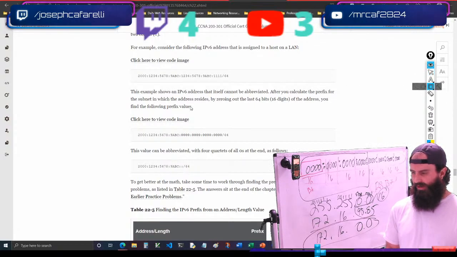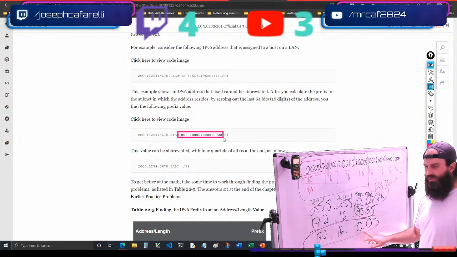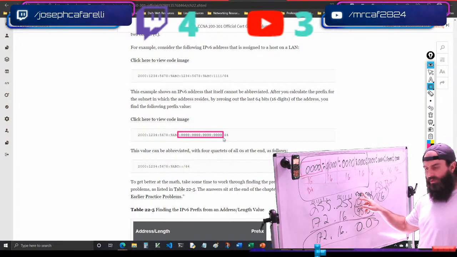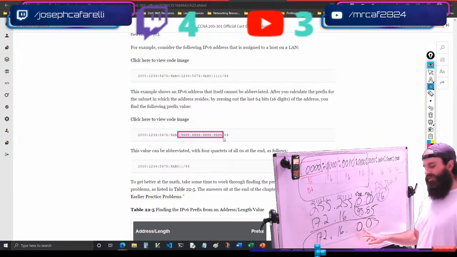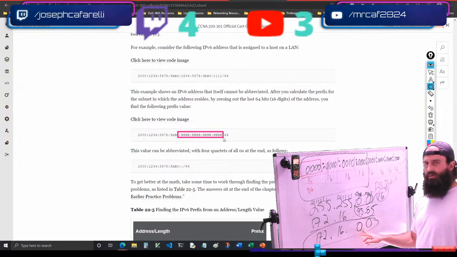All right, again, just like in an IPv4 address, same thing here. The octets that are going to be filled with binary zeros to find the subnet ID now. Okay, the subnet ID obviously are going to be with binary. Obviously, you're going to turn them into zeros.